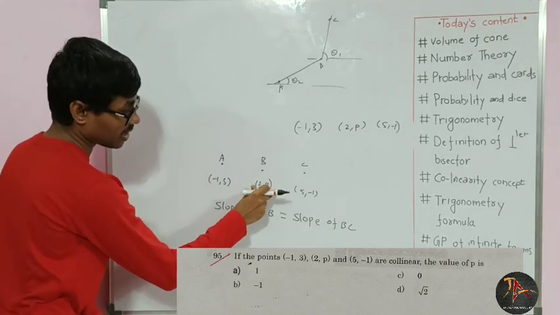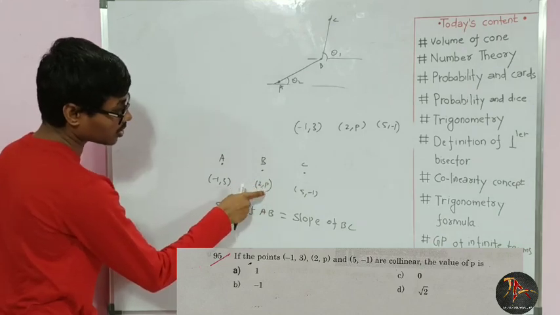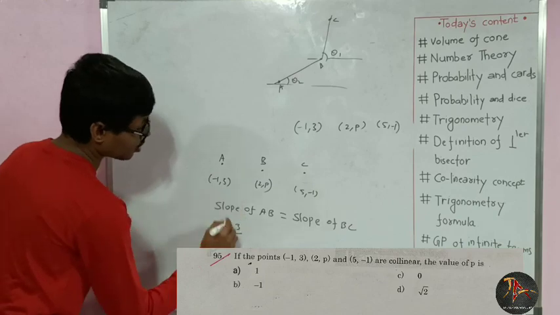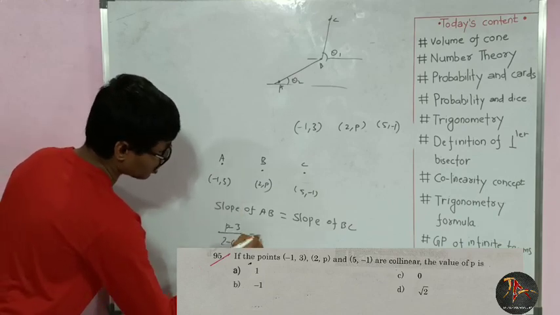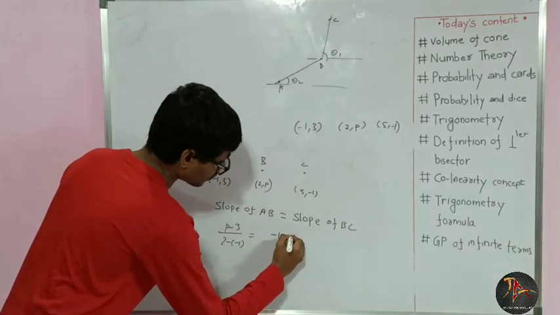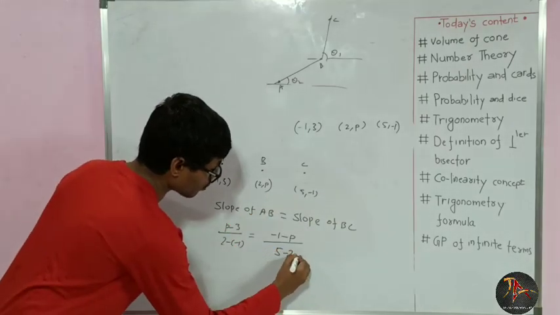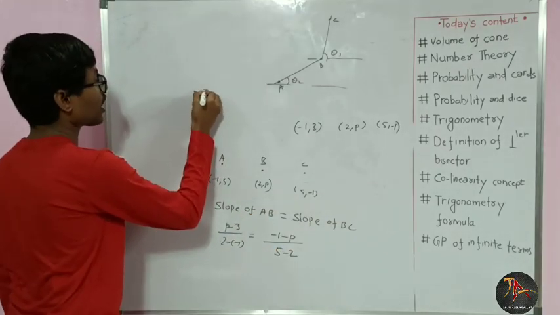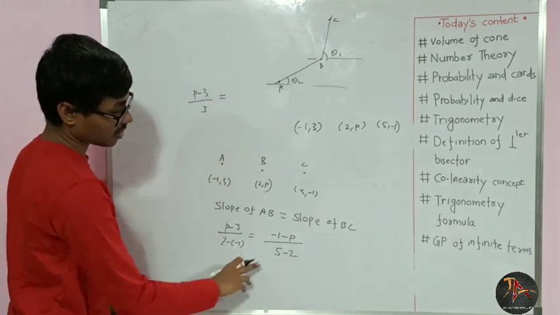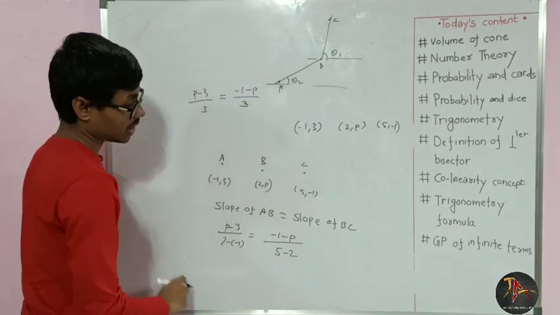Now the slope of AB is the difference between the y coordinates. Suppose I subtract from this coordinate to this coordinate: P minus 3 divided by 2 minus -1 is equal to the slope of BC. The slope of BC is -1 minus P divided by 5 minus 2. So P minus 3 divided by 2 minus -1, which is 3, is equal to -1 minus P divided by 5 minus 2, which is 3.